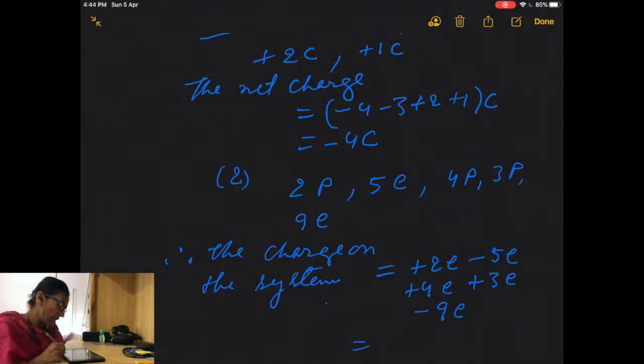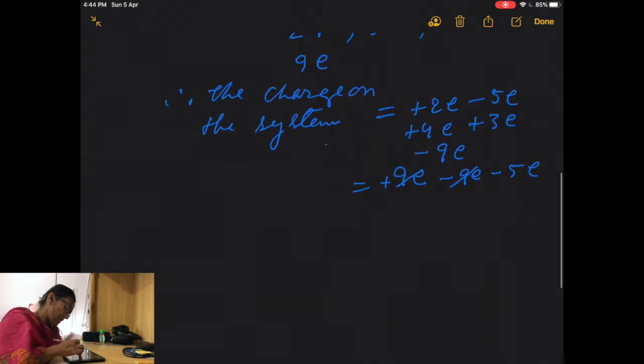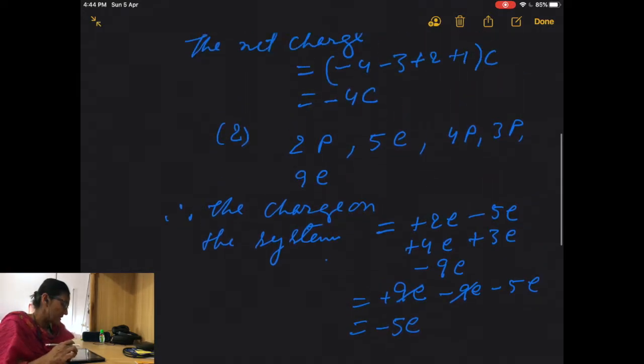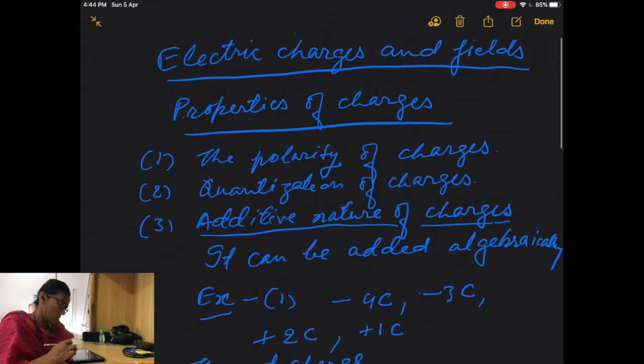So total we have 7 plus 2, 9e, plus 9e minus 9e and minus 5e. So net charge comes equal to minus 5e. So this is the additive property of charges.